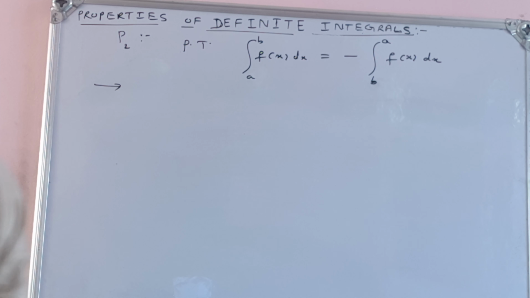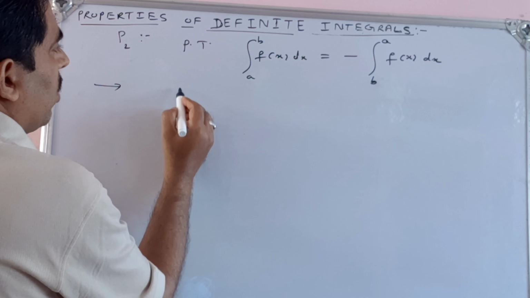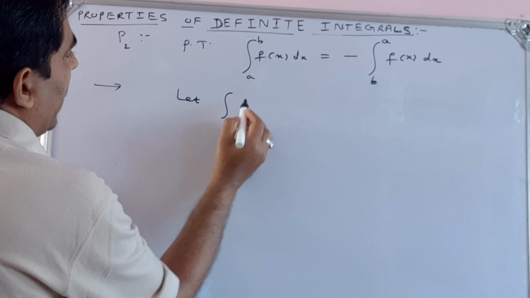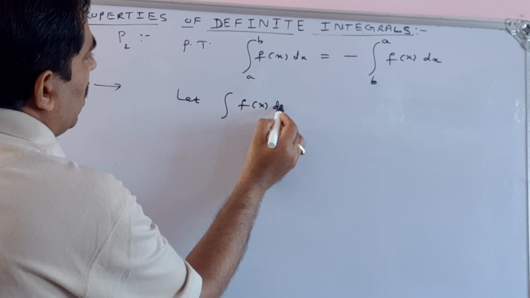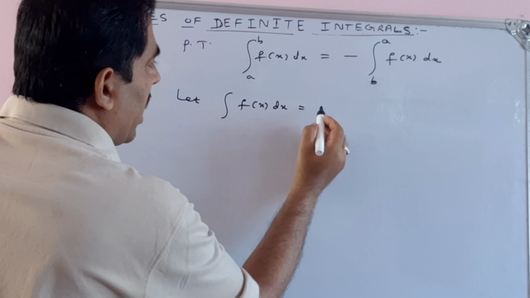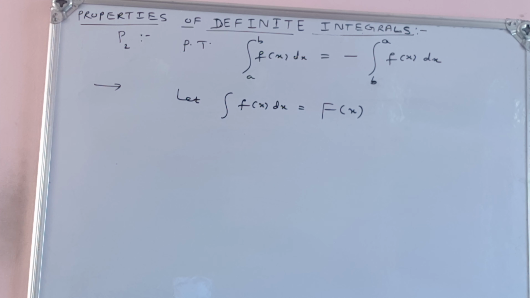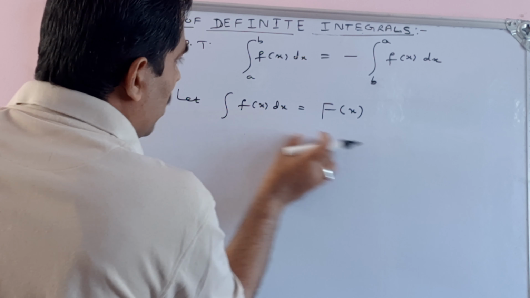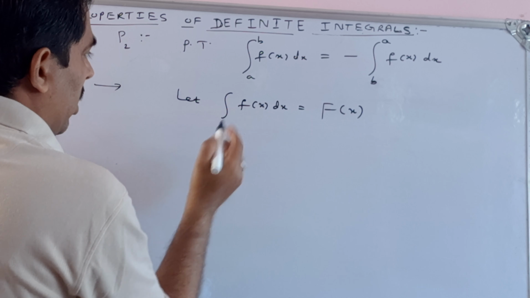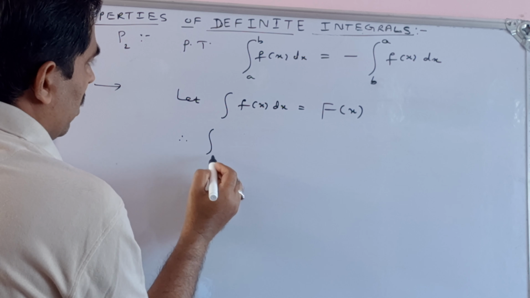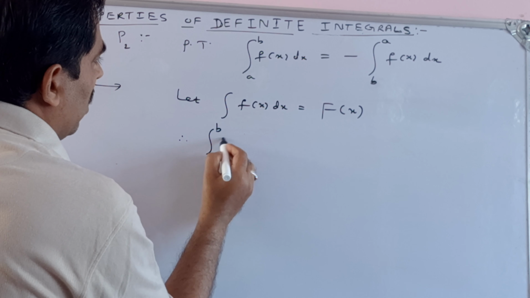A very, very important property, observe this. If we integrate a function, we get one antiderivative. So let us call that antiderivative F of x. So if we integrate some function, I get one answer, the antiderivative. Therefore we are calculating this definite integral.